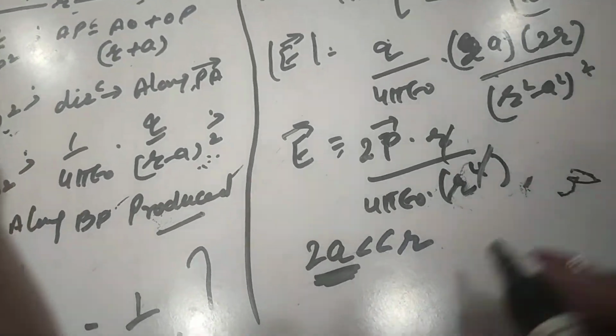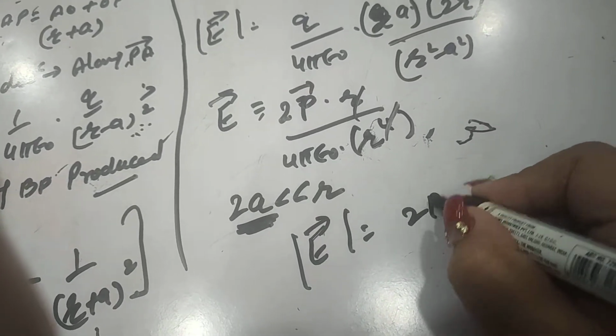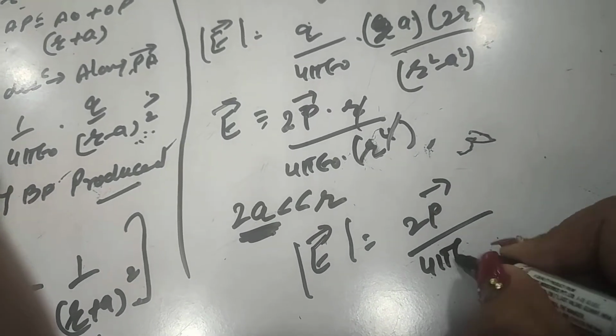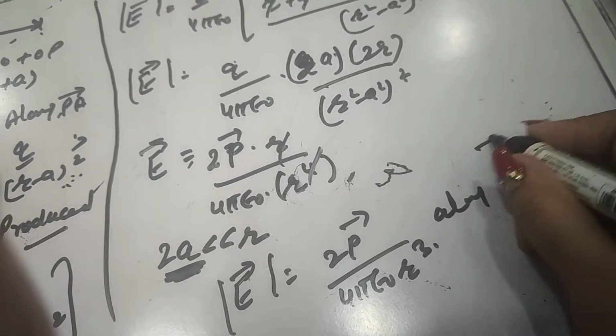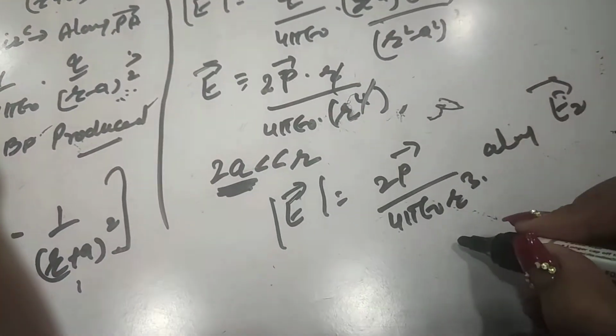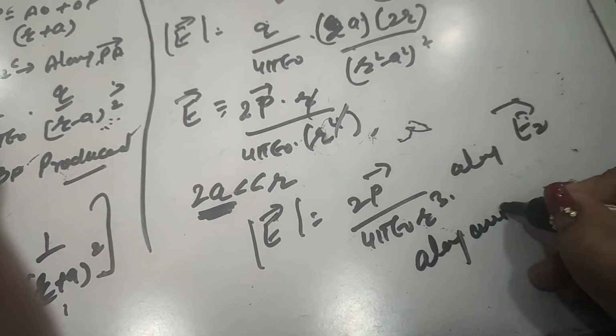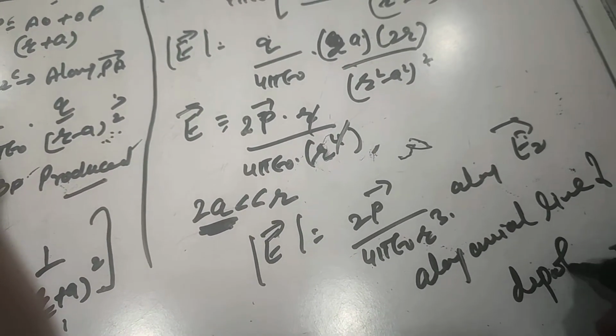So r cancels, and we are left with E magnitude equal to 2p upon 4 pi epsilon naught r cube, along E2, that is along the axial line of the dipole.